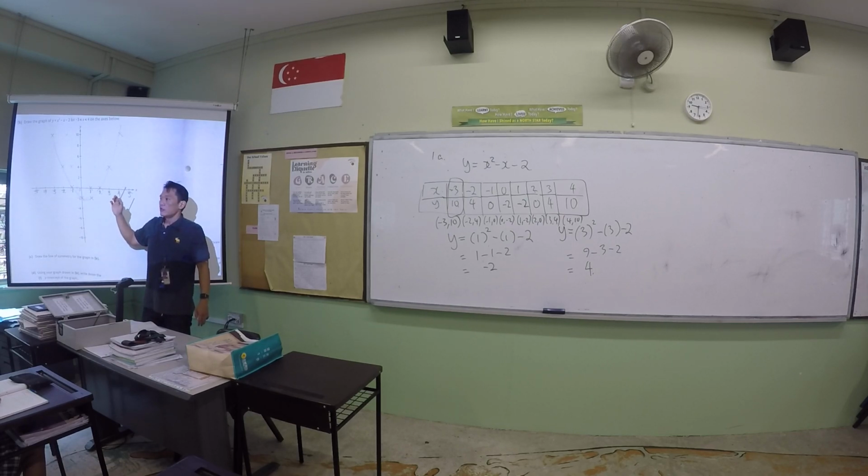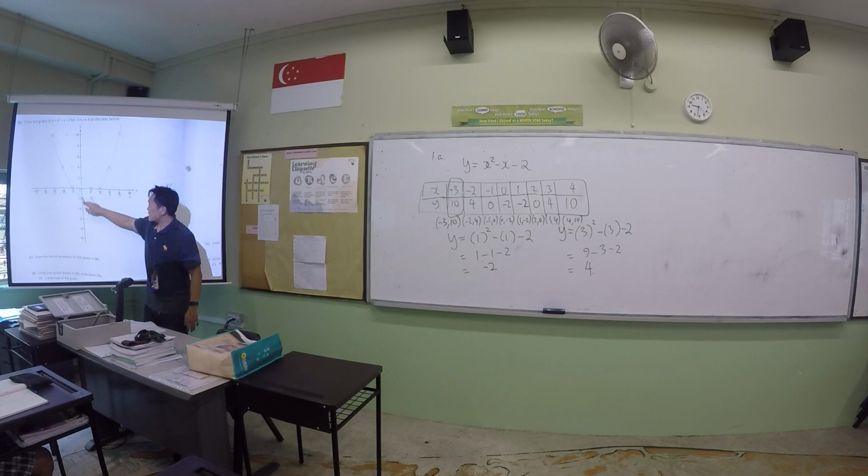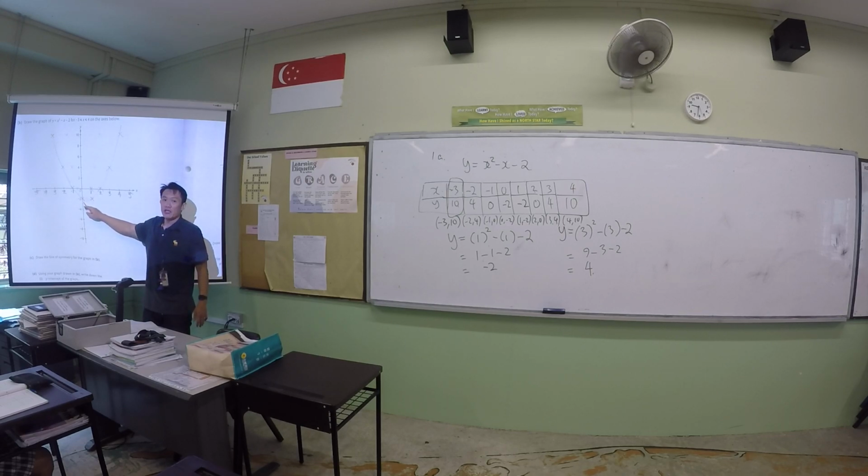So this line, about which your points are reflected, is your line of symmetry. Okay? The line of symmetry means that for points with the same y, the line of symmetry must be exactly in the center of these 2 points.